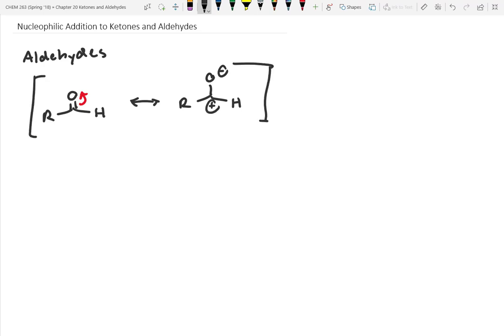And it's got a partial positive charge, right? If you think about ketones, ketones can do the same thing, where you can kick up those electrons.